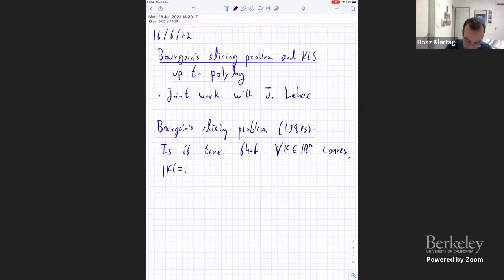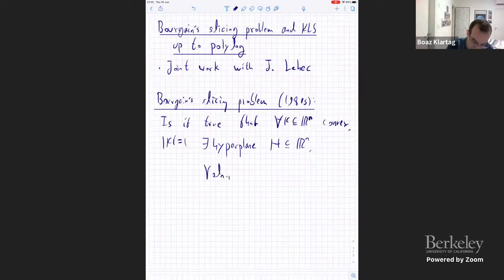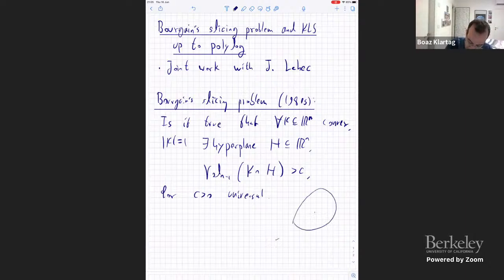In fixed dimension it is a trivial question. Is it true that for any convex set you can find a hyperplane section whose volume, the volume of the intersection of K and H, is at least c for a universal constant c? So you have your convex set, and you want to find a hyperplane H where the volume should be at least a universal constant.